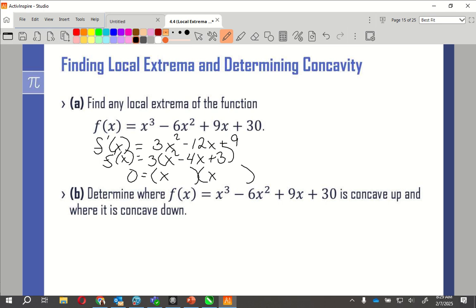Multiply to be positive 3, but add together to be negative 4. If it has to multiply to be positive 3, that means I need to have same signs. So it's a positive positive or a negative negative. What do we got? Negative 1 and negative 3.